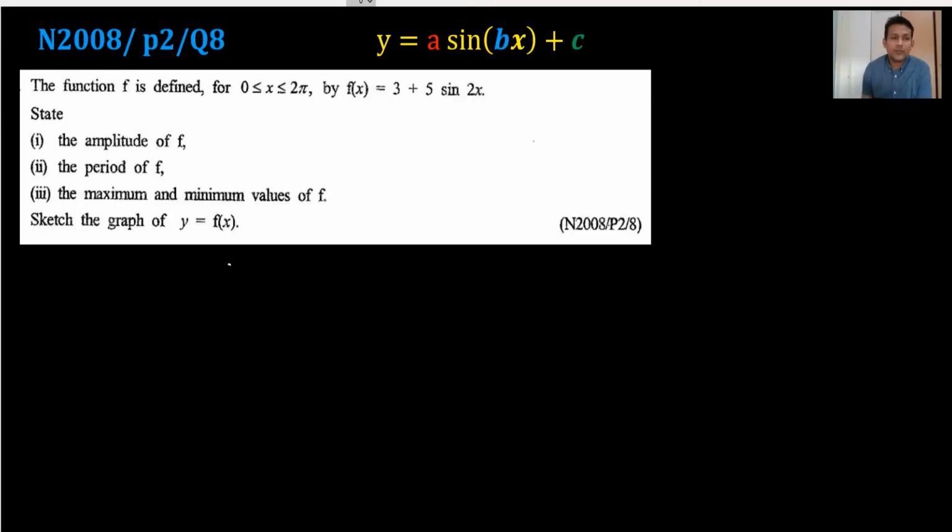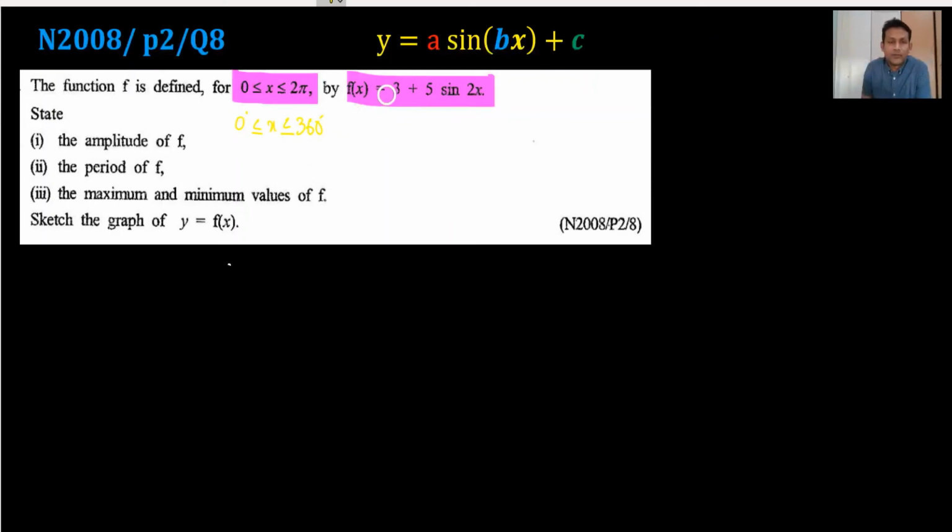This question is from past papers, November 2008, paper 2, question number 8. You can see there is this equation, and the domain is 0 to 2 pi. I told you that I would like to convert this into 0 degrees to 360 degrees.